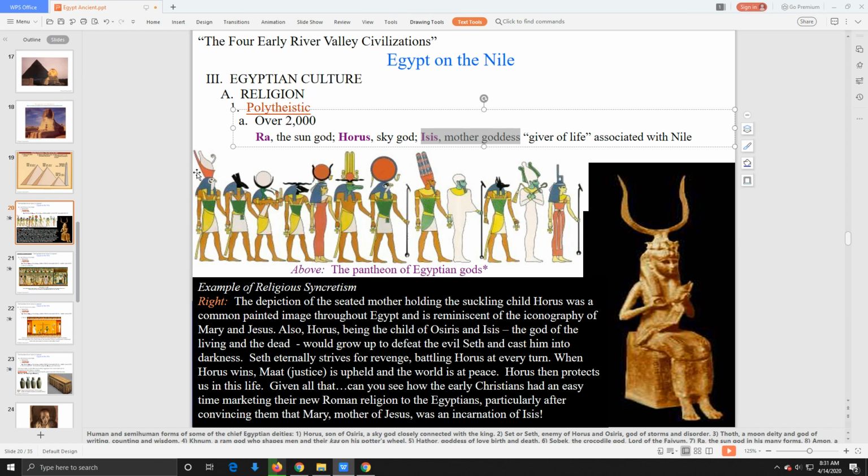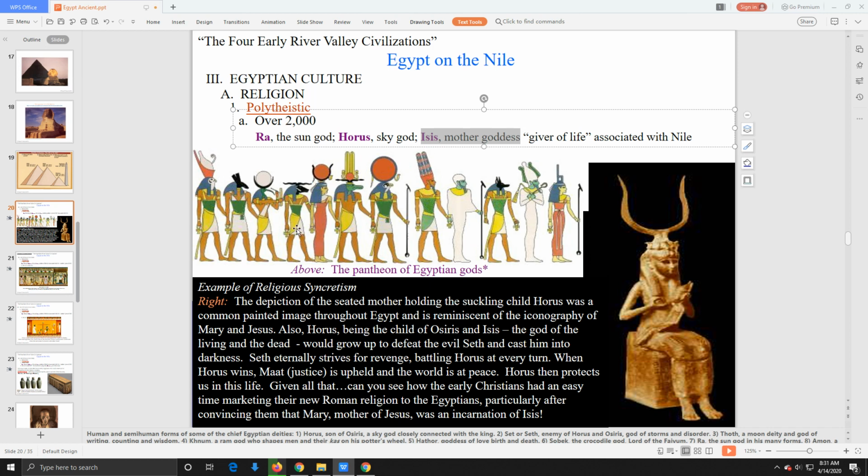So talking about the various gods, that's Horus right there on the far left. Right here, that is Set. That is Horus's uncle. To the left or to the right of them, that guy is Thoth, deity of the moon, so like moon god.